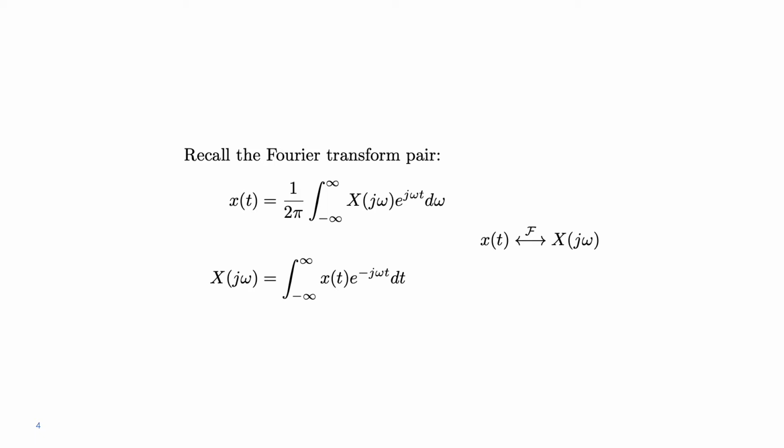We will find it convenient to use a shorthand notation to indicate the pair of a signal in the time domain t and its Fourier transform in the frequency domain omega, and that's indicated at the right of this slide. So we use the double-edged arrow to indicate a pair of a signal and its Fourier transform.